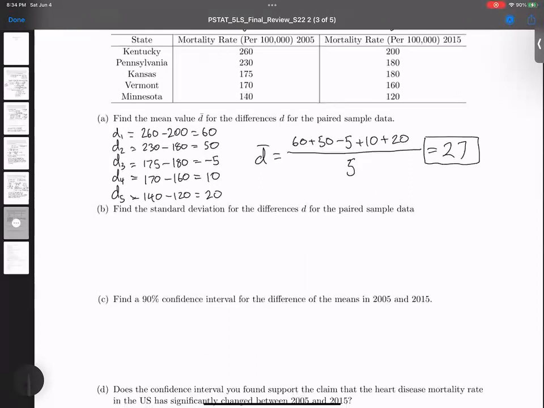Now we need to find the standard deviation for the differences in the paired sample data. So the standard deviation, you all may or may not remember, it's got this ugly formula, but there's only 5 terms. It's really not that bad. I'll write it out. So first it starts out with 1 over n minus 1, so 1 over 5 minus 1 in this case. And then we take the differences of our data. So D1 would be 60 minus the mean, so 27.